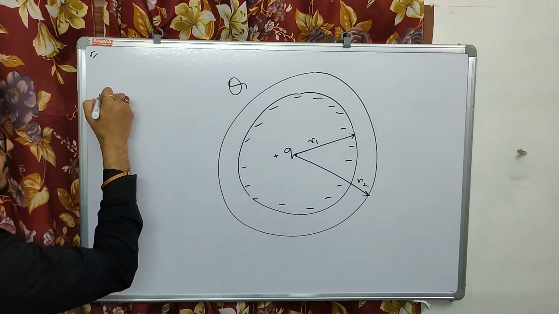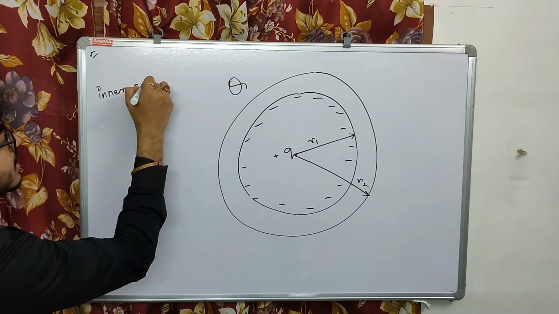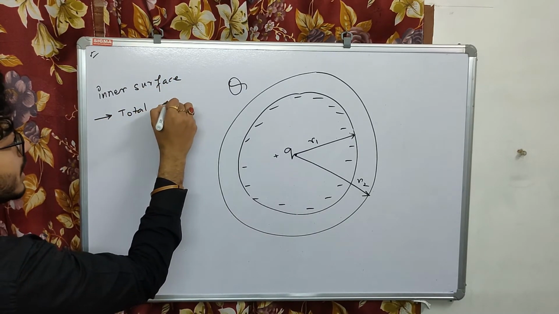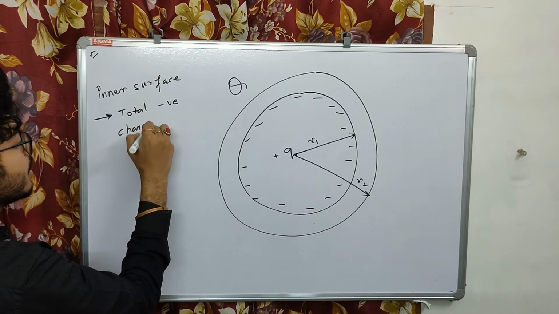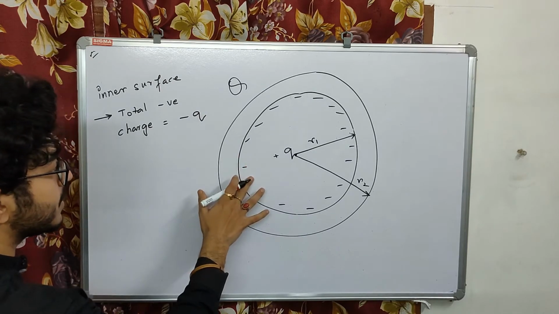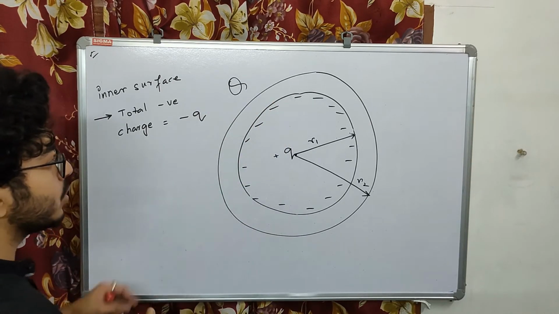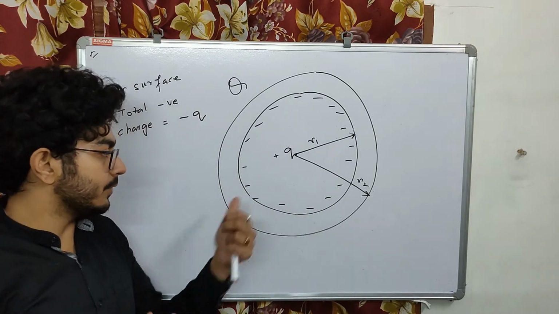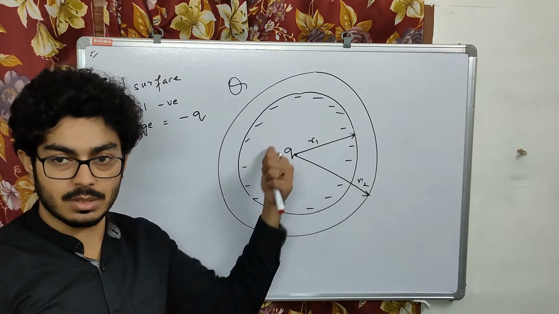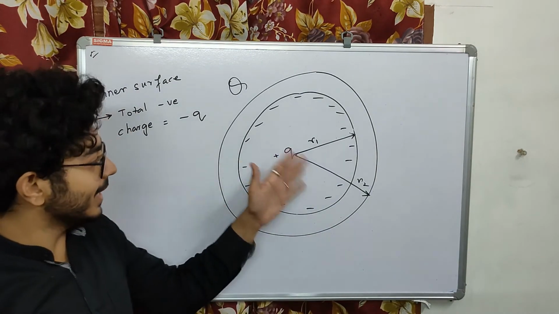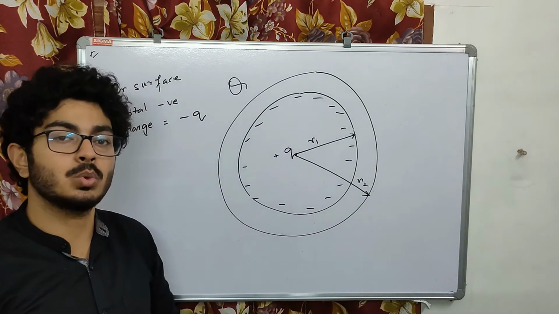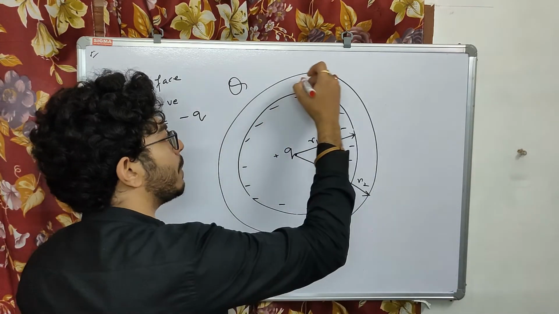Total negative charge will be minus q. So in the inner surface, the total negative charge is minus q. If here it becomes minus q, then what will happen to the shell also? If minus q appears here, then a positive q has to appear over in this part.